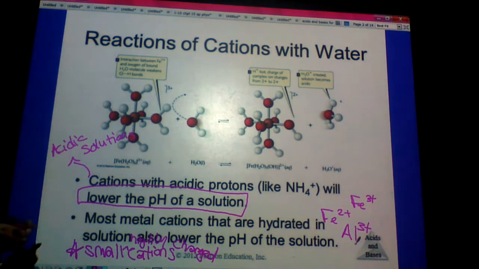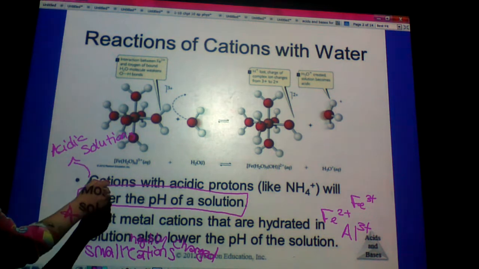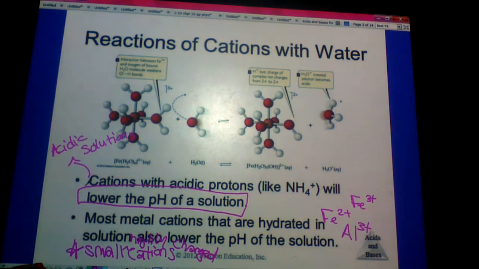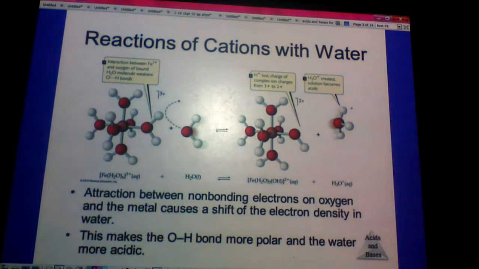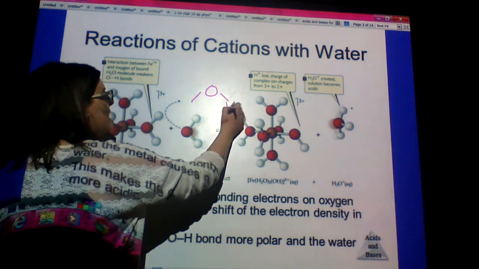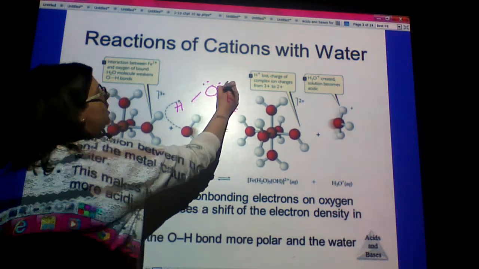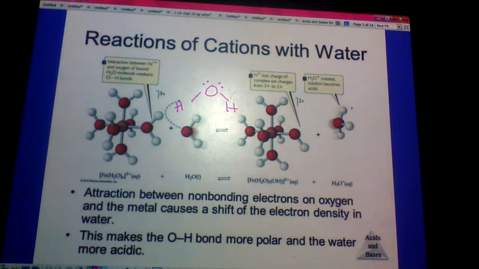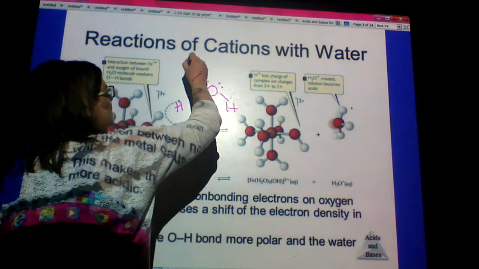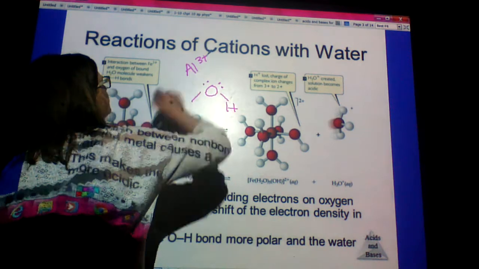Okay, so why does that happen? Why do cations lower the pH of a solution? Ultimately there's an attraction between non-bonding electrons on the oxygen of a water molecule and the metal. So I have my metal cation and I have the lone pairs, those non-bonding electrons, on water. Because remember, we have water, I have H, and then I have those 2 lone pairs on the oxygen. But then let's say we just have aluminum 3+.